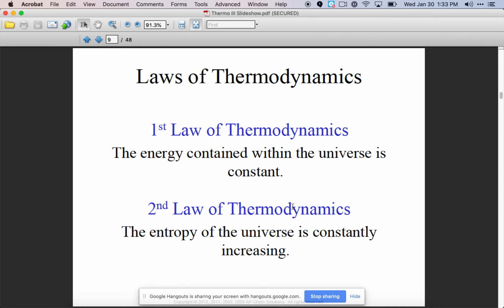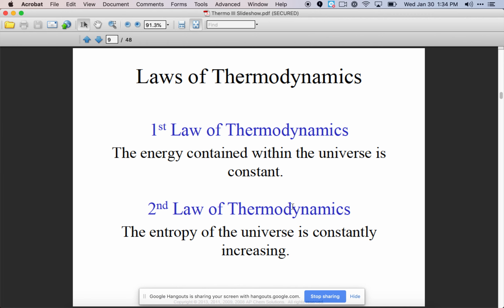I have not seen direct questions about the laws of thermodynamics, but you should have a general idea that energy is conserved. I haven't really seen them ask what the first law or the second law of thermodynamics is, but I would know the generalized ideas for each.